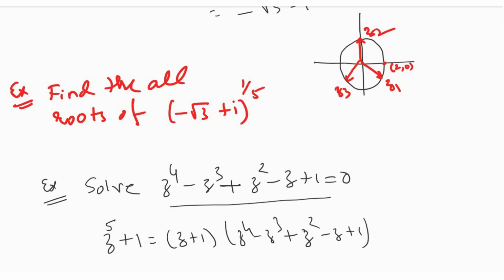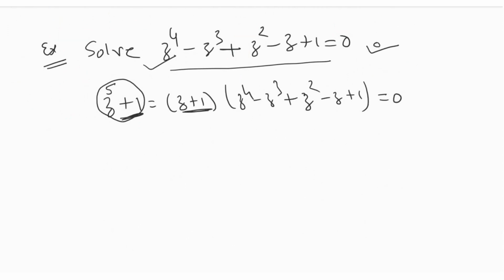So solving z raised to 5 plus 1 equal to 0 is equivalent to solving this equation, because except z equal to minus 1, all the roots of this equation are the roots of that equation. So solving z raised to 5 plus 1 equal to 0 is nothing but z equal to (minus 1) whole power 1 by 5.